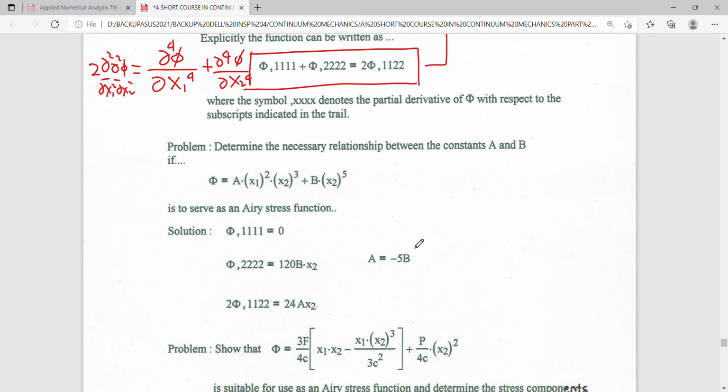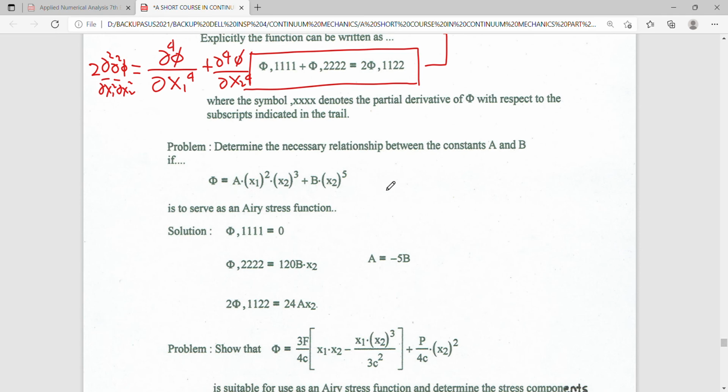For this problem, we determine the necessary relationship between the constants a and b. This is just a mathematical exercise. It has nothing to do with the practical application of the Airy stress function on the solution to stress-strain problems.